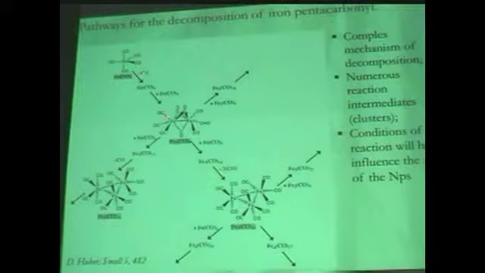There is formation of different clusters such as Fe2(CO)9, Fe3(CO)12, etc., and different reaction conditions will highly influence the formation of those clusters and then influence the size of the final nanoparticles. So it means that it's very difficult to say the pathway and predict the size of the final nanoparticles if we change the temperature or the reaction conditions.